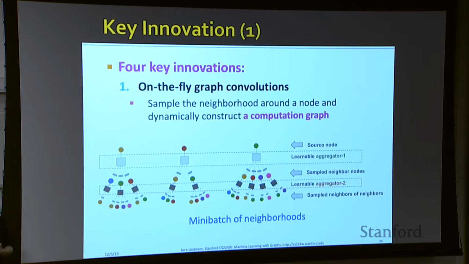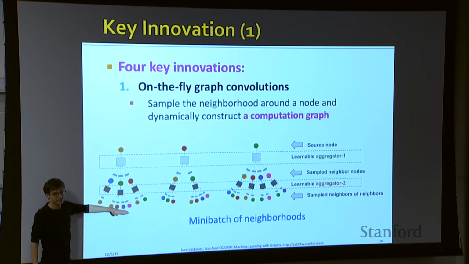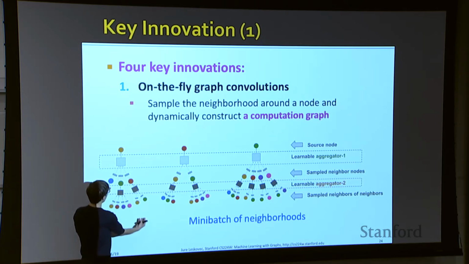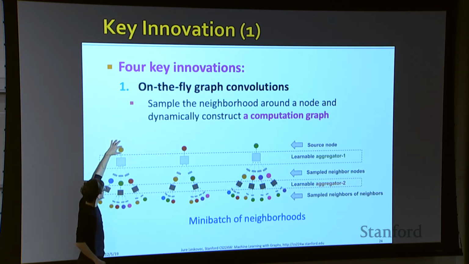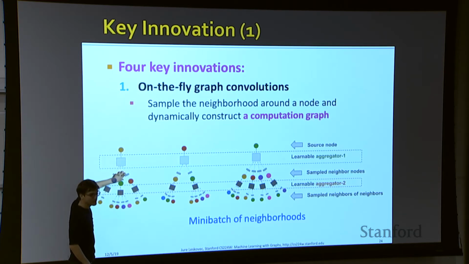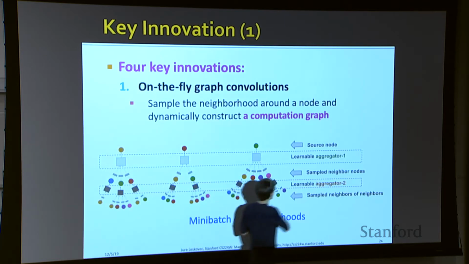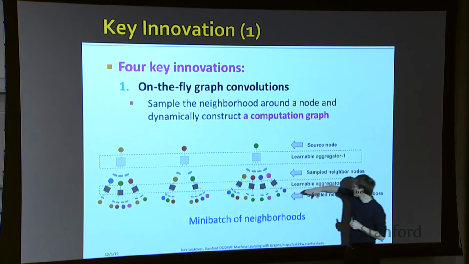So there are 4 key components to be able to do this at large scale. The first thing is that for every pin, we are going to generate the computation graph, as we talked about in the lecture on graph neural networks. And then as we are doing the forward pass to come up with the embedding for the pin, we will have these operators, these aggregators and transformations that we talked about. And these aggregators and transformations are learned.